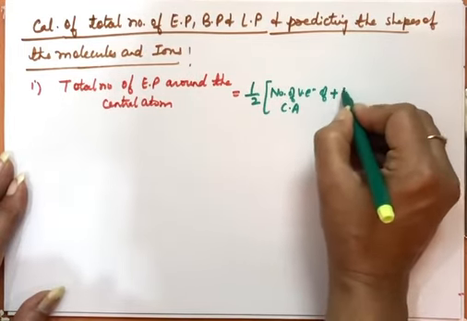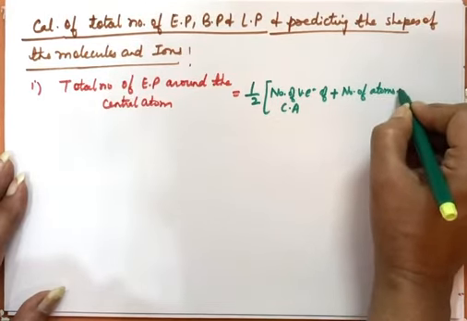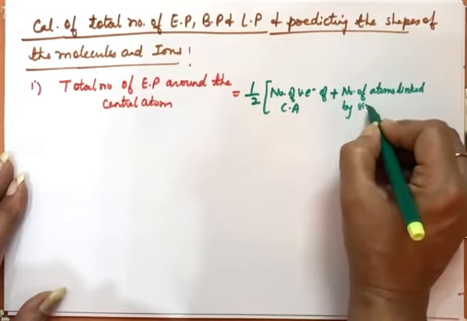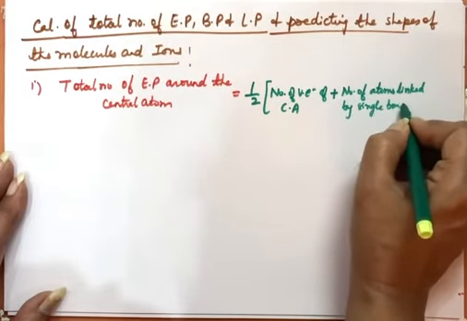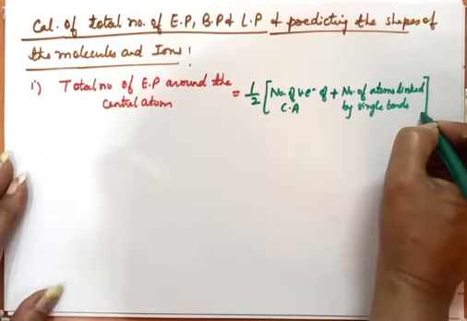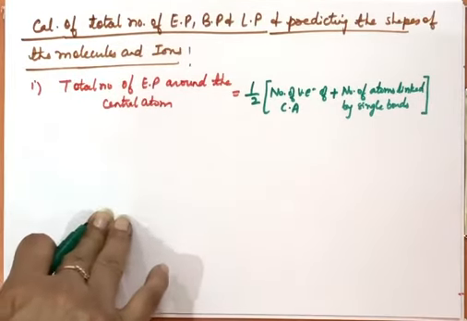To this we will add the number of atoms linked by single bond to the central atom, and those atoms which link by single bond are monovalent in nature, like hydrogen, fluorine, but not oxygen, because oxygen is divalent in nature.